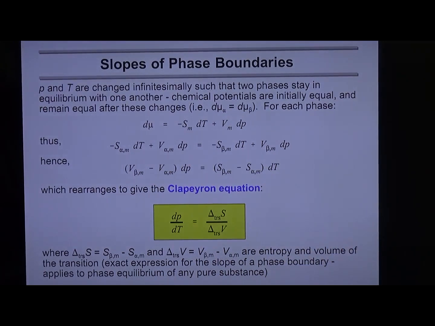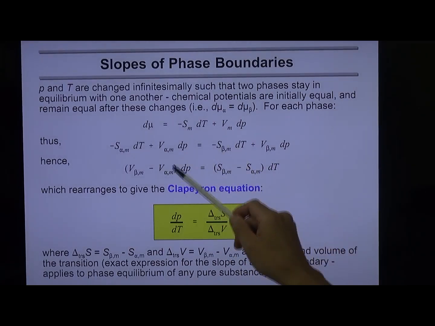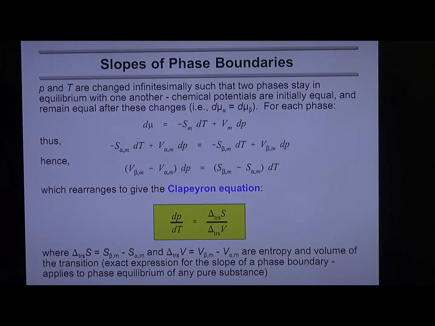Okay? If you rearrange these terms as a function of dP and dT, you get dP/dT, how pressure changes as a function of temperature, their relation between each other. Okay, that corresponds to delta S transition over delta V transition.